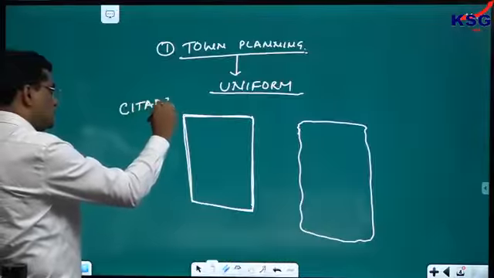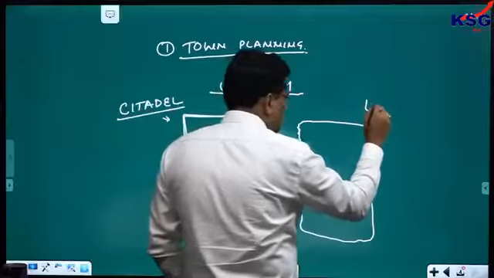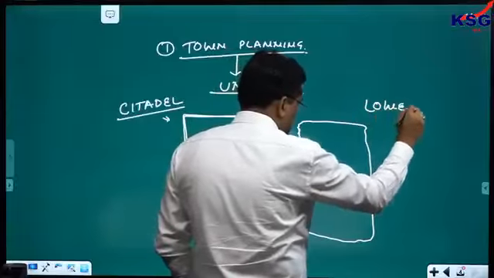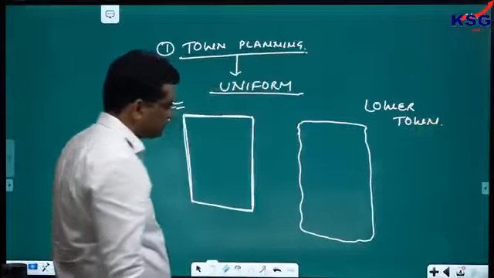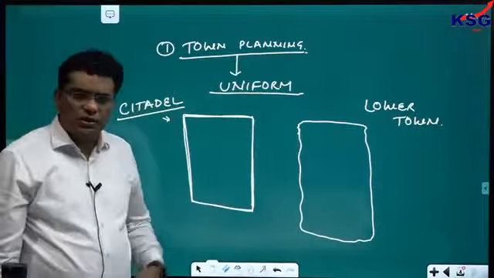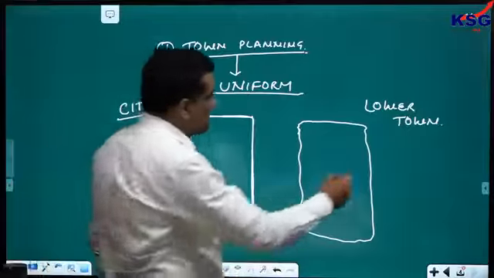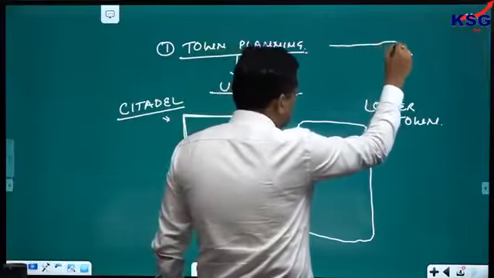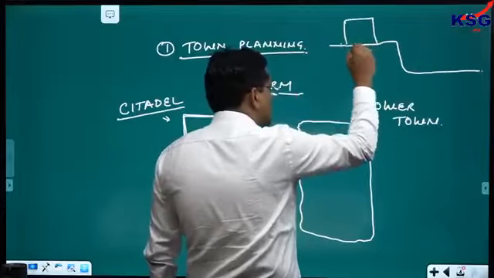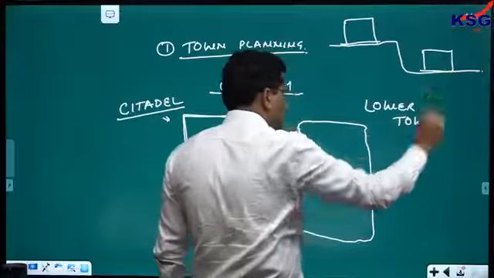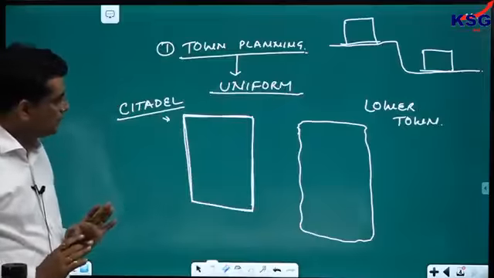The citadel was slightly raised from the ground. Suppose this is the topography of any place, so here there was a citadel and here there was lower ground, the lower town. Both are urban.